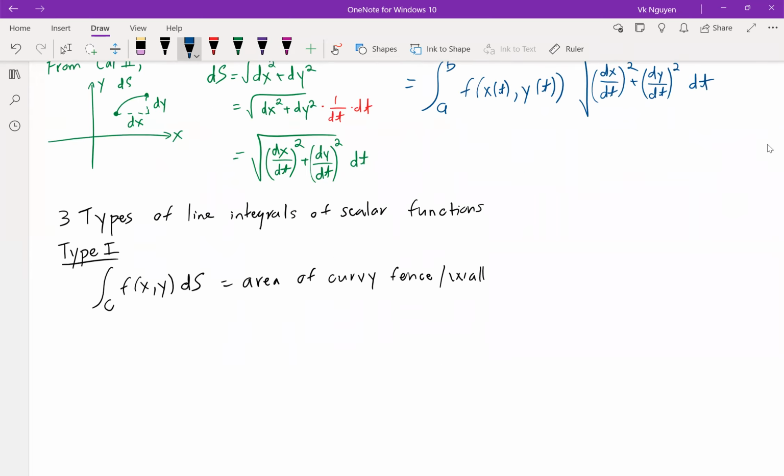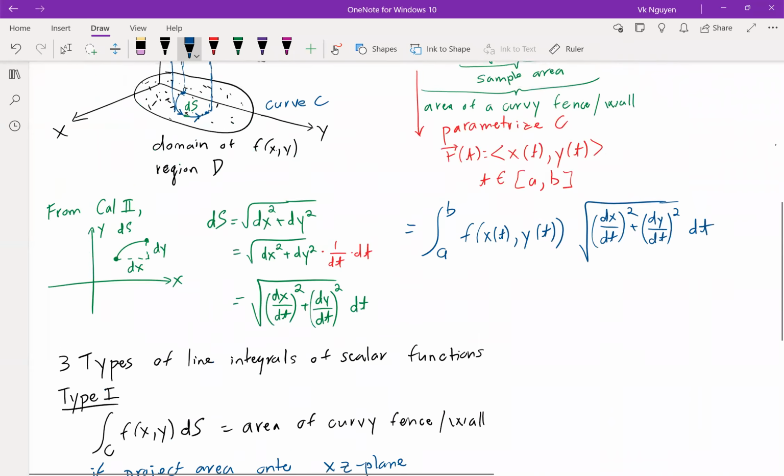You can project the area onto the xz plane. Look at this area here.